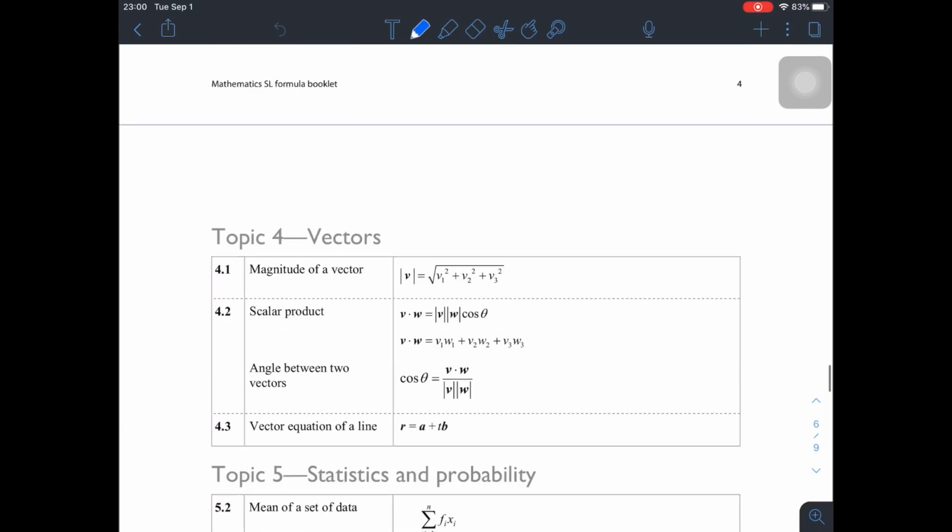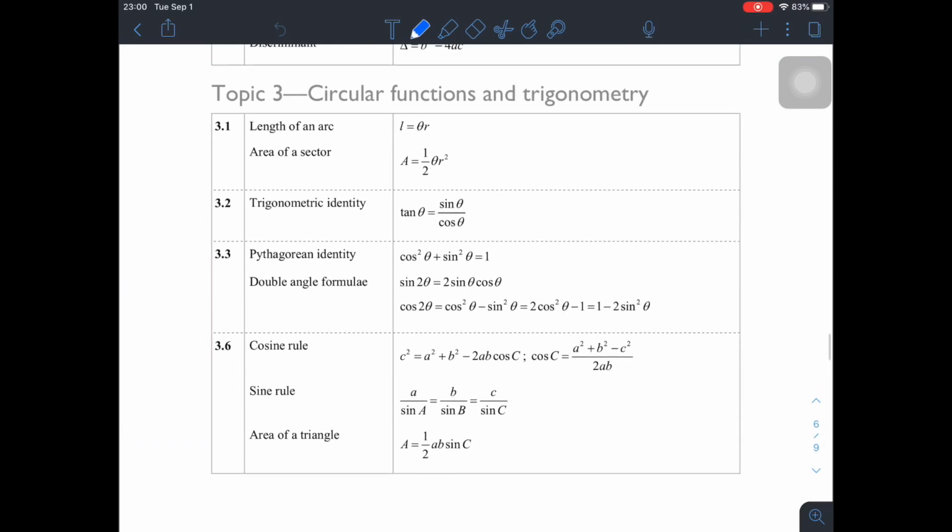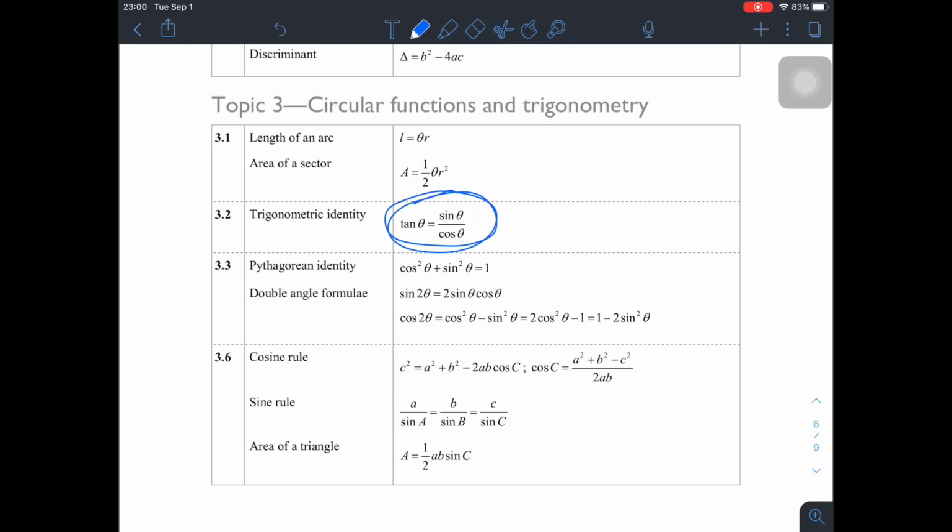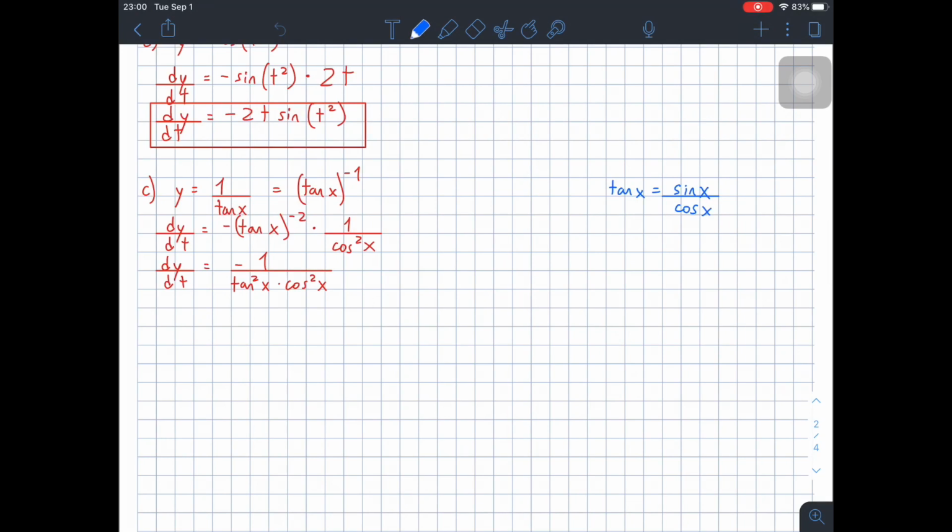If you go to topic 3, yes, here you have tangent of the angle is sine of the angle over cosine of the angle. So we can say that tangent squared of x, which is what we have here, is sine squared of x divided by cosine squared of x, right?